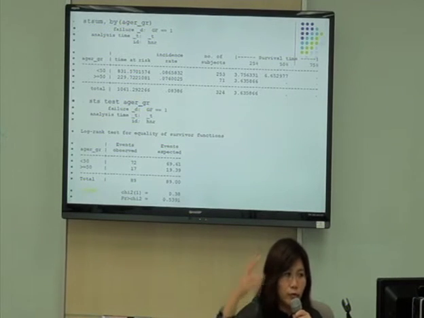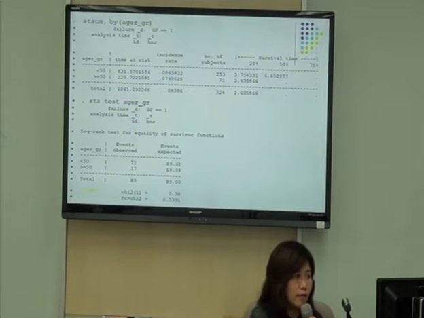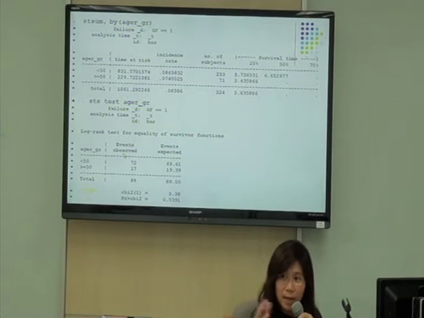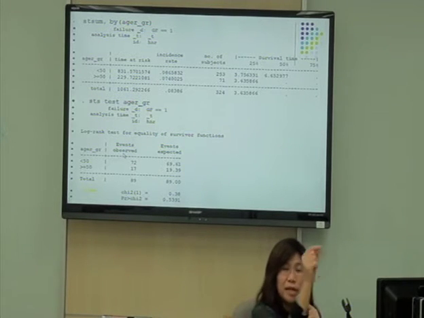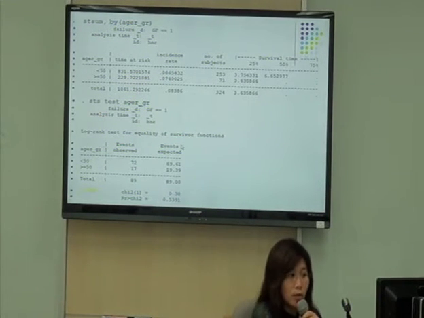So you have to be familiar with this format because you have to read the data from this, and you can calculate the log-rank test from expected and observed events. Remember, expected and observed are what we have to calculate by ourselves, but right now we just use the command sttest to calculate it for you. You will get the chi-square here and the probability.